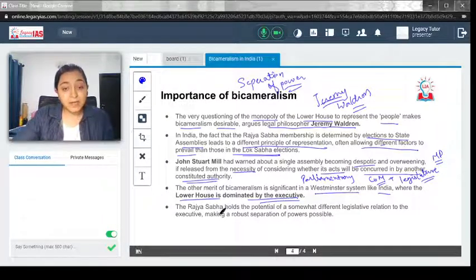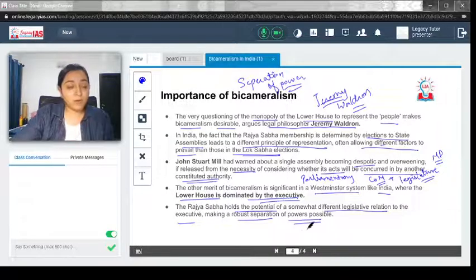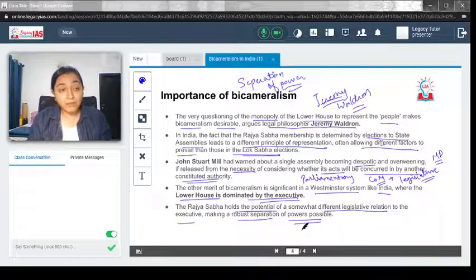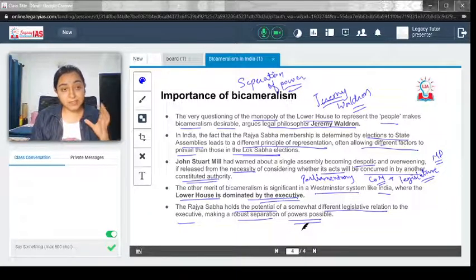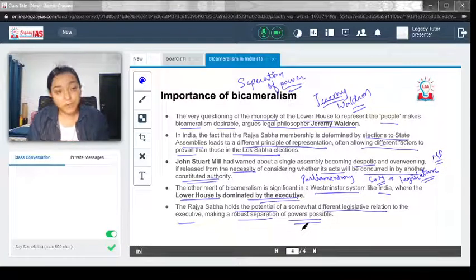In that case, Rajya Sabha holds the potential of a somewhat different legislative relationship to the executive, making a robust separation of powers possible. That is not the case with the Lok Sabha. In Rajya Sabha, you do not have an executive majority, so the separation of power is more prominent. The legislators there are not the ones who are going to execute it too.